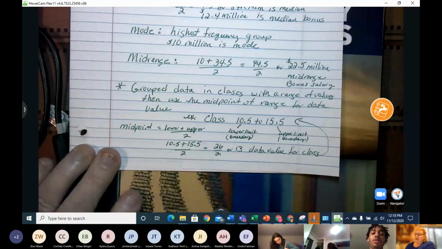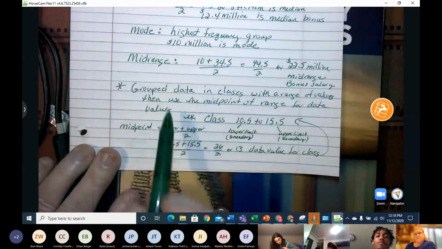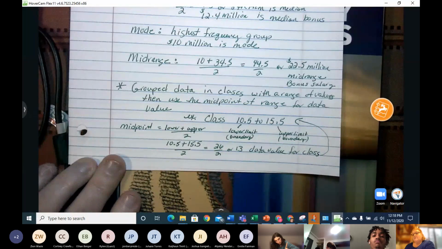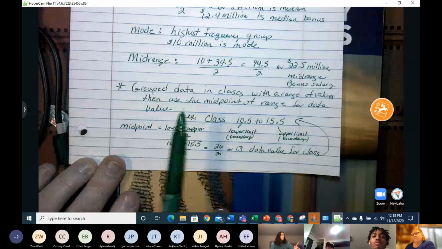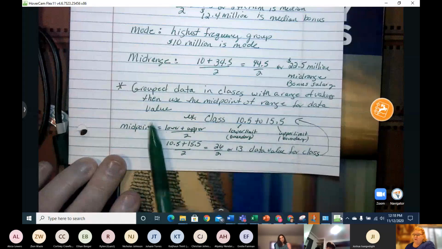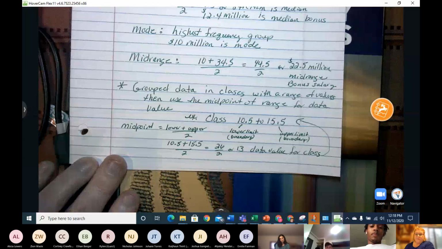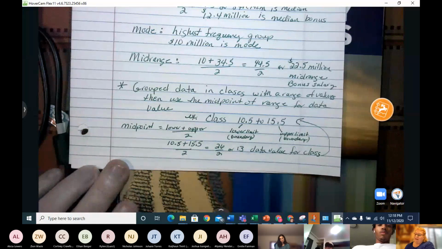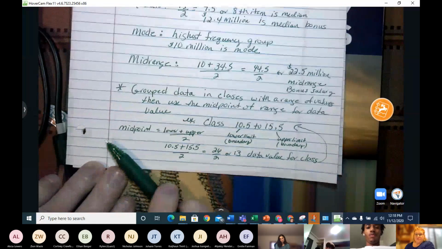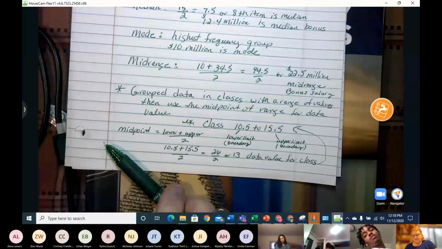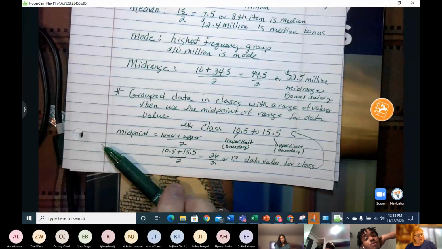So you do have to keep that in mind. Again, as you go over unit lesson 2 with frequency distributions, it will go into group data and the classes in a little more detail. So it is important for you to go back and look at that section on finding the class value. I just wanted to touch on that for a moment to be sure that you knew what to do there.